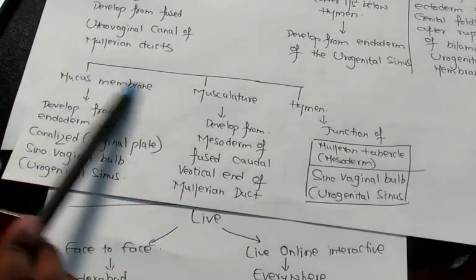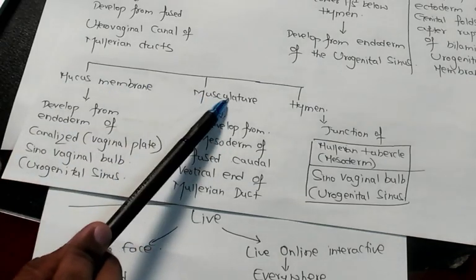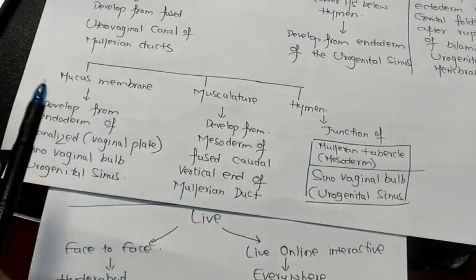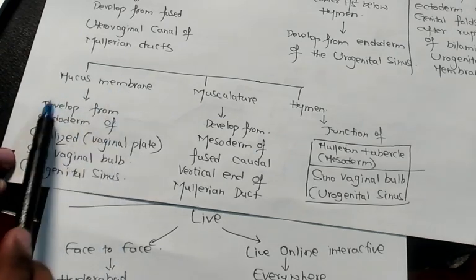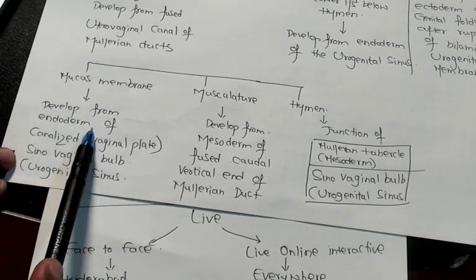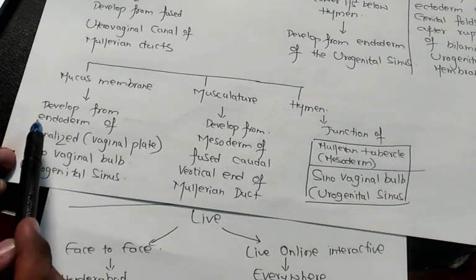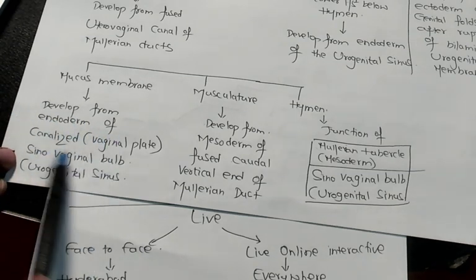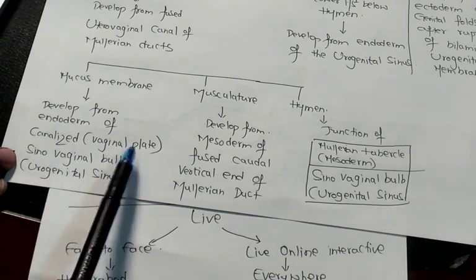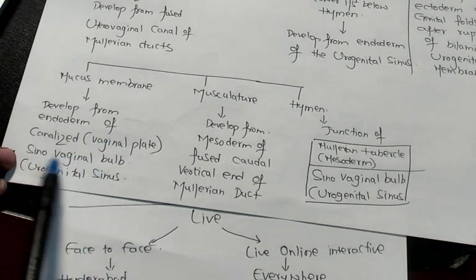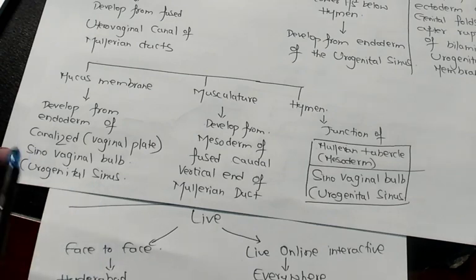Now, if you look at the mucous membrane, musculature, and hymen, how are they developed? Mucous membrane develops from the endoderm of the canalized vaginal plate of the sino-vaginal bulb, that is the urogenital sinus.